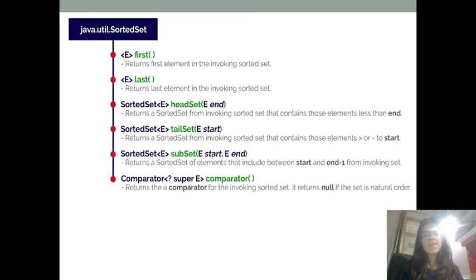Tail set returns a sorted set from the invoking sorted set that contains those elements greater than or equal to start. Subset is used to return a subset where we give indexes such as start and end. Then we have comparator, which returns the comparator for the invoking sorted set. It returns null if the set is in natural order.